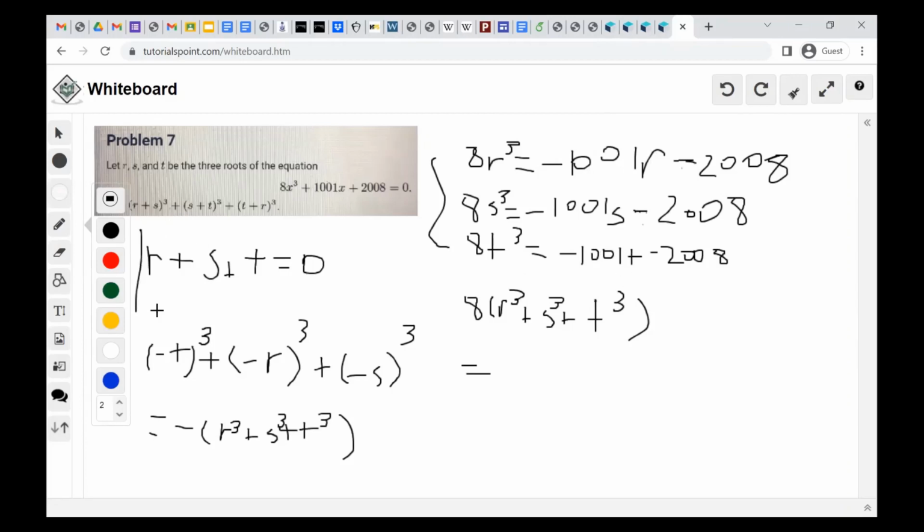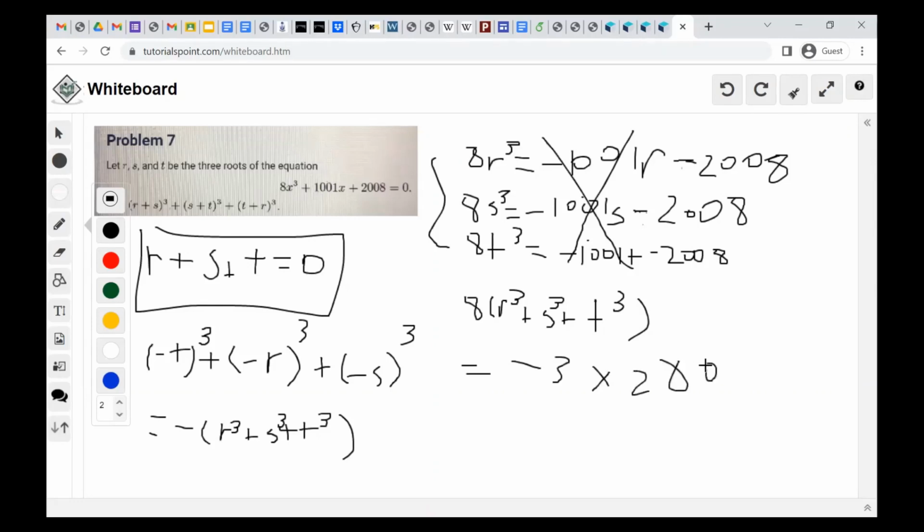But earlier we found that r plus s plus t equals 0, so those terms just die. So we get negative 3 times 2008. And then from here, we can divide out by 8 to find the value of this and plug it in here, and then we will get our answer.